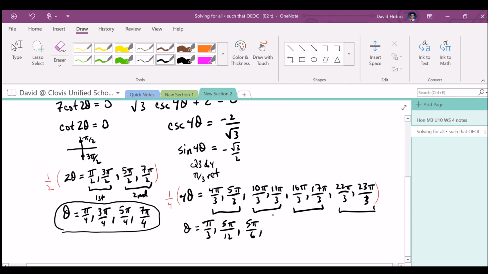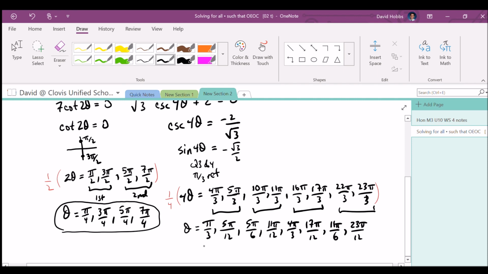The next one we get 11 pi over 12. The next one does reduce. We get 4 pi over 3. 17 pi over 12. Next one reduces a little bit, 11 pi over 6, and the last one does not reduce, 23 pi over 12.